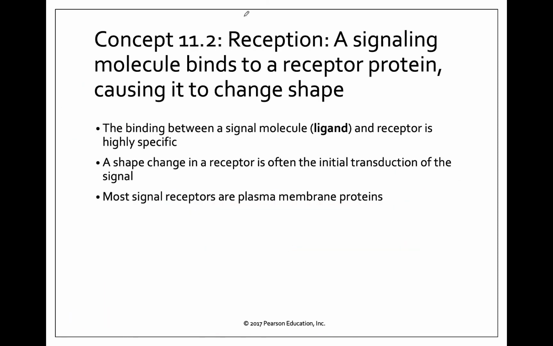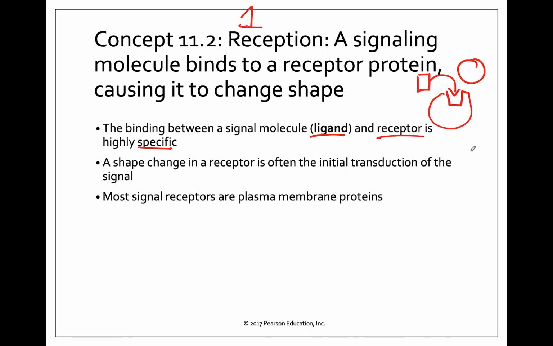All right, so now we're going to start with step 1, and we're going to look at some different types of receptors. The relationship between a ligand, which is my signal, and the receptor is extremely specific. So if my receptor protein is shaped like this, it's not going to bind a ligand in a circle shape. It's only going to bind a ligand that actually fits into that specific space. So this is very, very specific, just like enzymes.